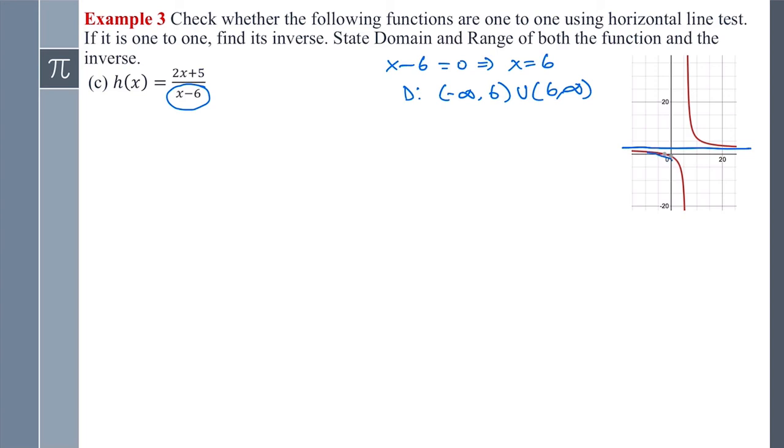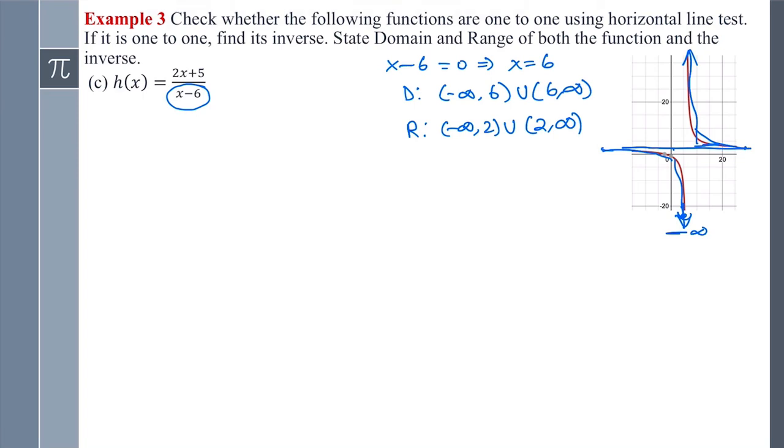It goes very close to 2 from both sides, but it never touches that horizontal line. So the range is from negative infinity all the way to 2, union, and from 2 all the way to infinity. That is the range. Now let's go ahead and find the inverse.